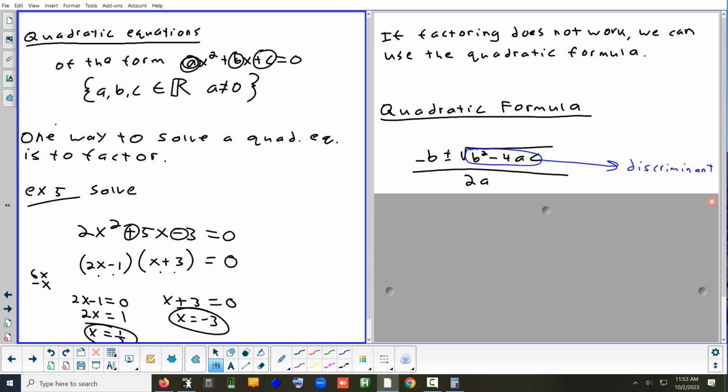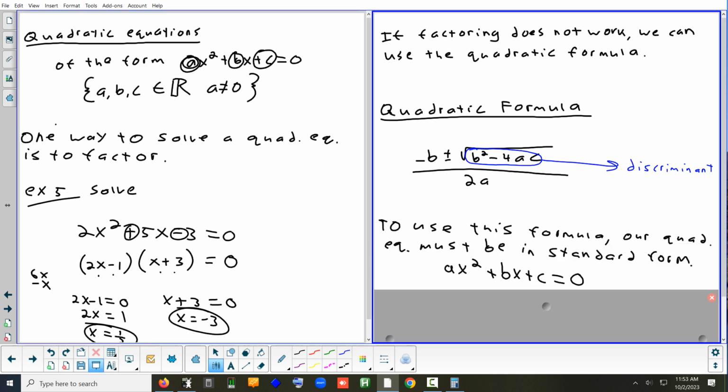But that's the same as factoring. It has to be equal to 0. So to use the quadratic formula, you've got to make sure your equation is in standard form.